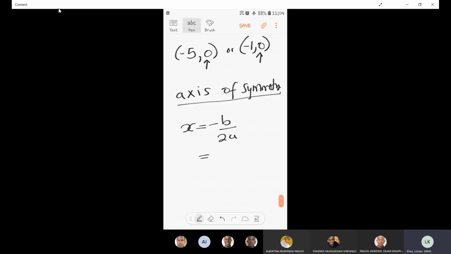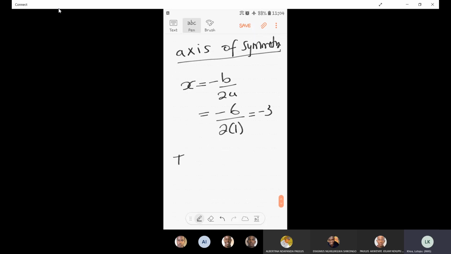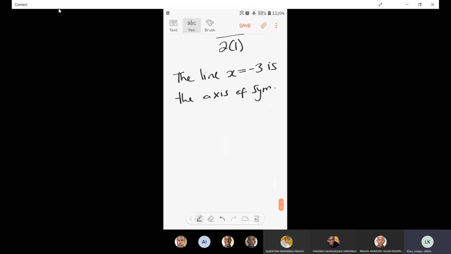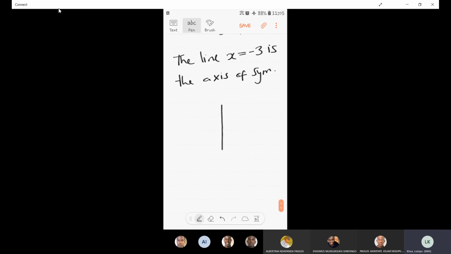So this is equal to negative 6 over 2 times 1, which is just negative 3. So here, say the line x is equal to minus 3 is the axis of symmetry. And then I have everything. I just need to sketch.